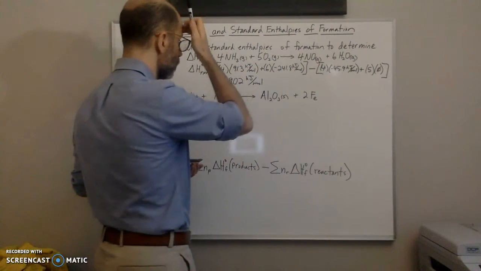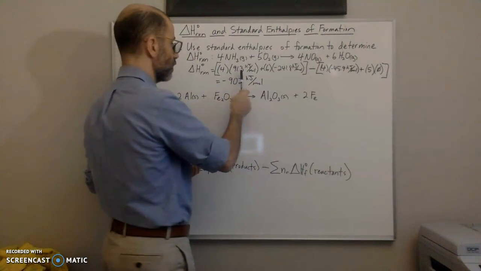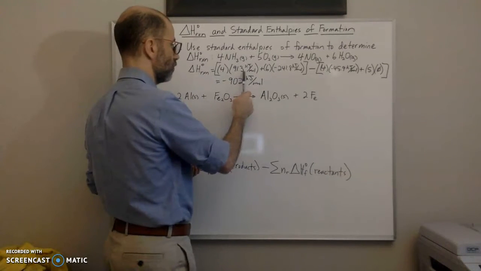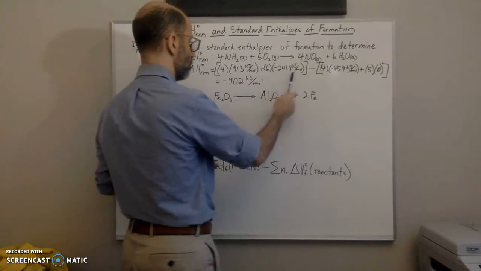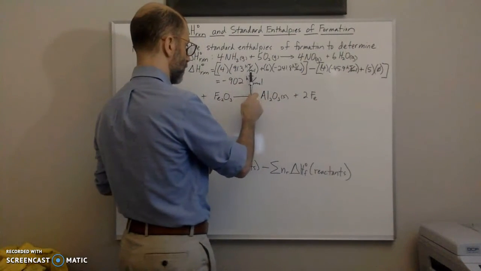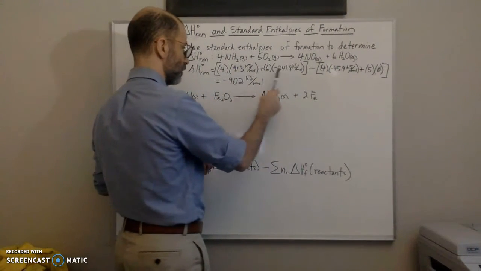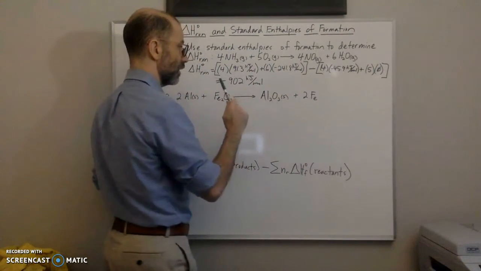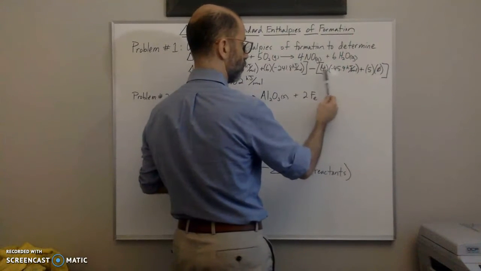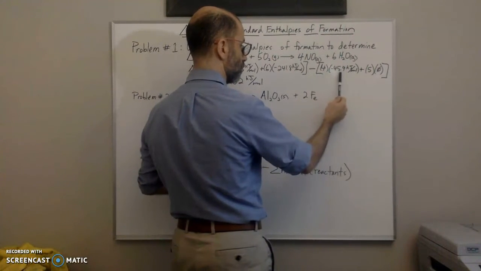If we look at our sig figs, this will be 3 sig figs, and this is going to be 4 sig figs. But since we're adding them together, we're looking at the decimal places. So it should be 1 decimal place there, and then of course we have 1 decimal place there.